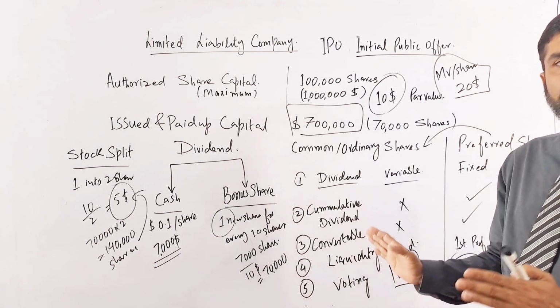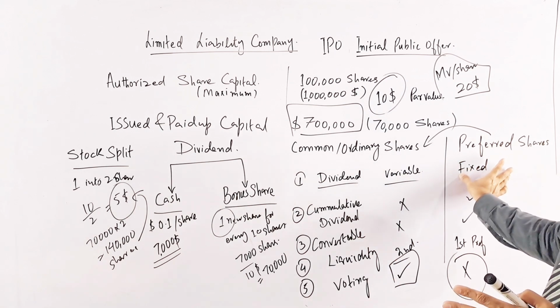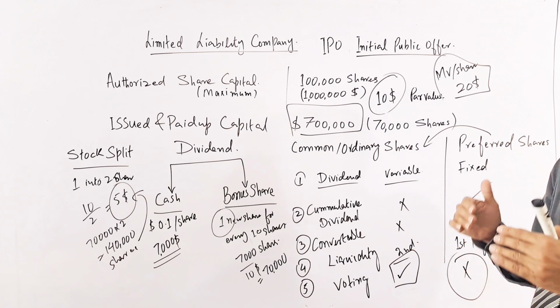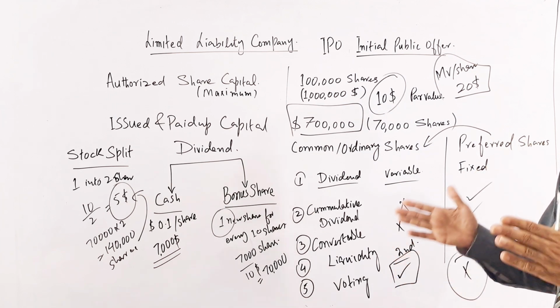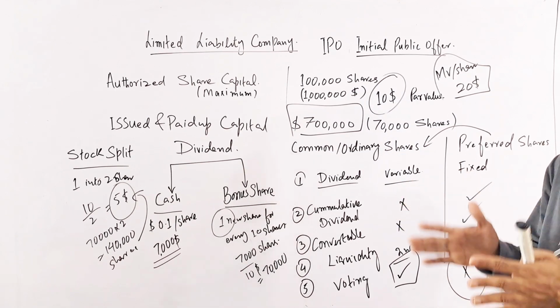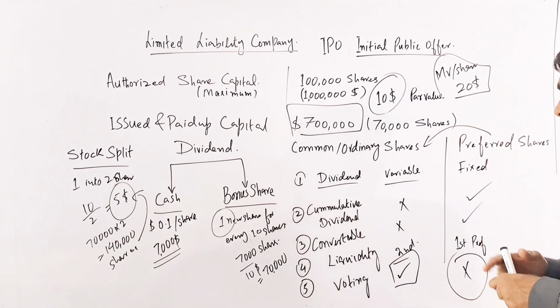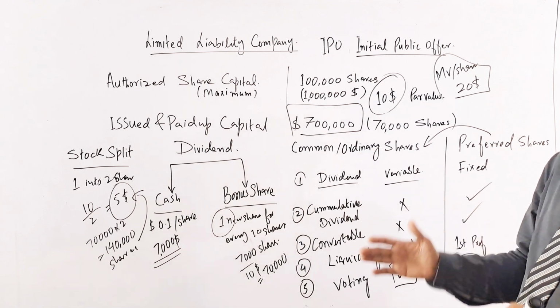Other than that, the dividend is normally fixed for the preferred shareholders, and they have a cumulative dividend. It means if the company is unable to pay this year, they have to pay next year for 2 years, and if it is still not paid for 3 years, they have to pay the dividend for the 3 years. Here also they have convertibility. They can convert their preferred shares to common shares if they think they will get more profitability.